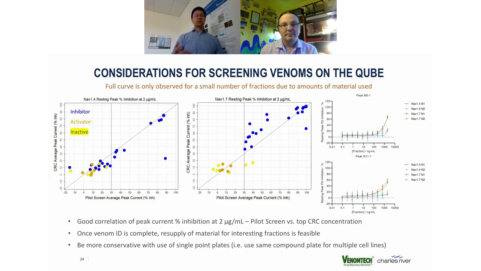One thing, just as a practical note, because of the way that we receive the plates, it's best to try and use each plate for as many experiments as possible once it's diluted. But again, that's a minor practical consideration. I think Steve can comment as well. This is not really anything that will hamper a project in any way.